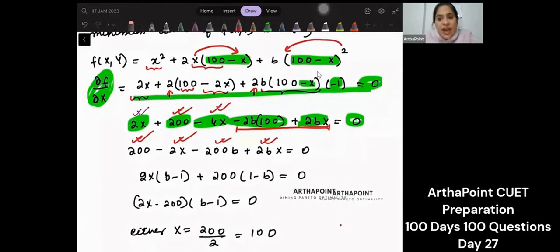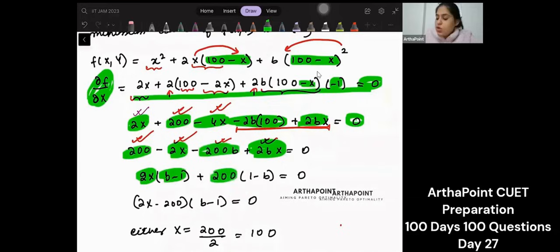Now, you can go ahead and between this and this, take 2x common, you will get b minus 1. Then between this and this, take 200 common, you will get 1 minus b, right? So if I just revert this, I can write it as minus (b minus 1). Now you can just take b minus 1 common and you will get this answer.